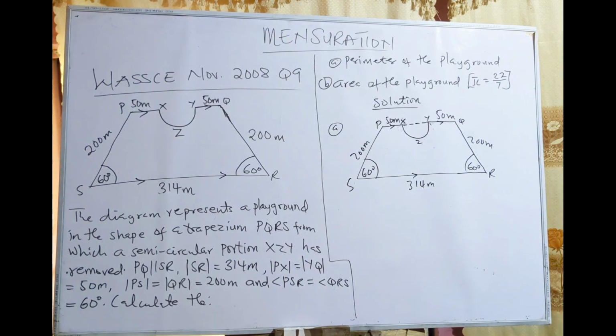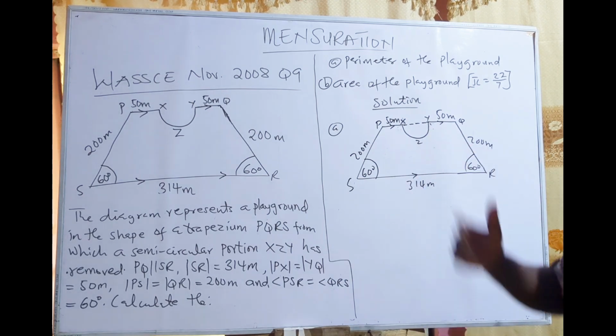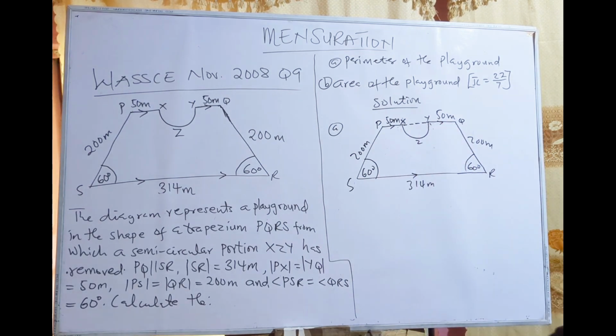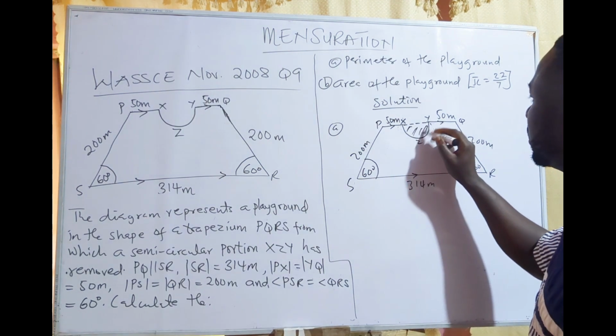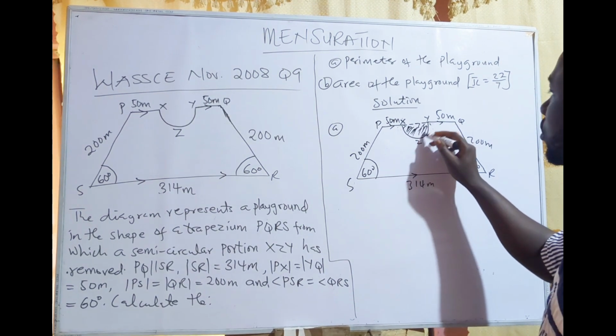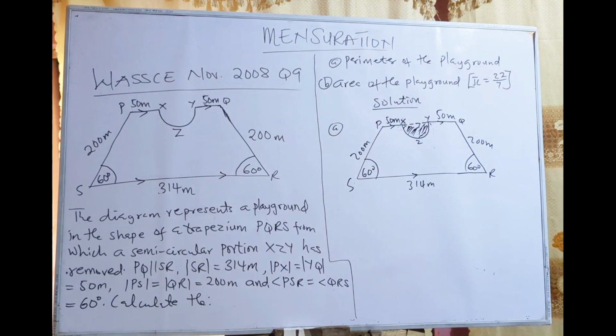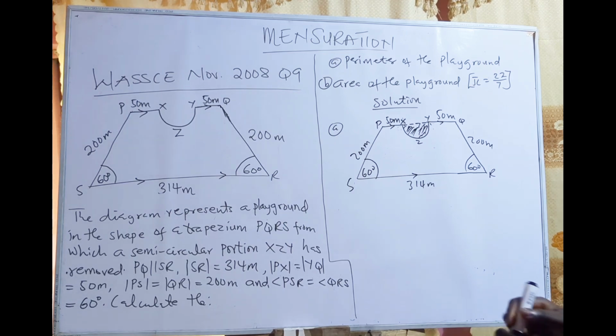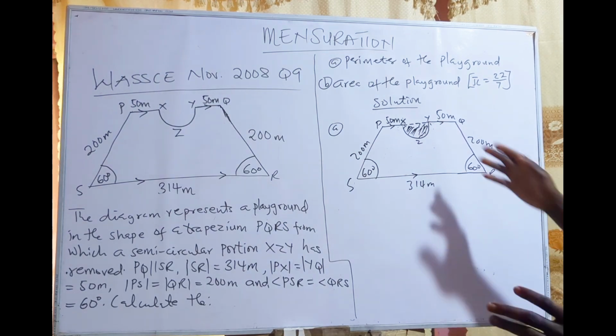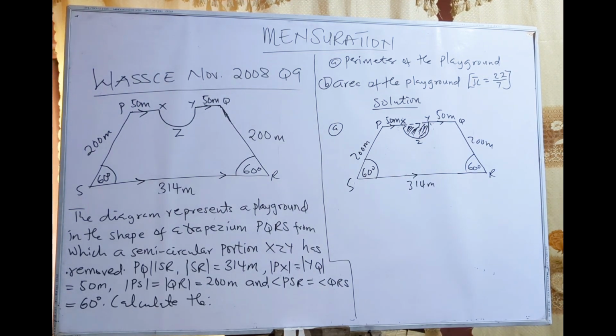So how do I get the diameter, which is XY? What can help me in that? Let me shade here to indicate that it wasn't part of the whole trapezium. It has been removed. So how am I going to get the diameter there?